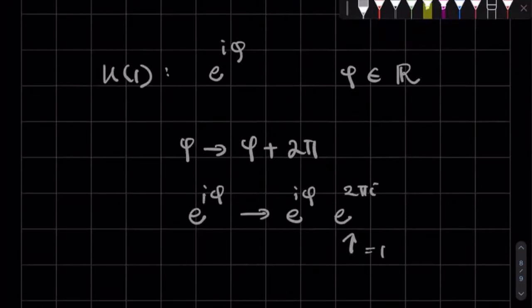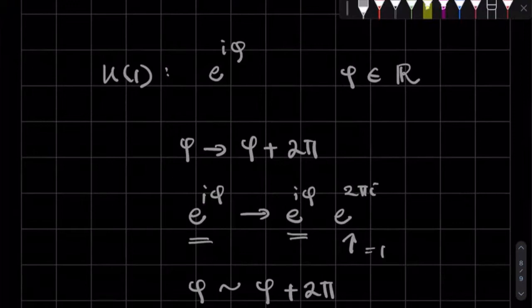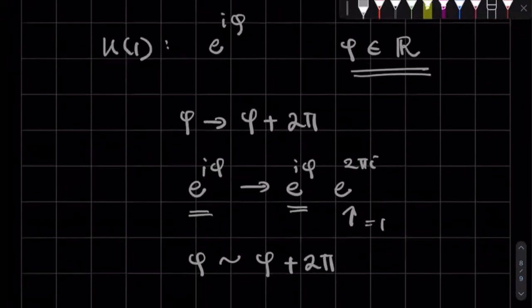So we should identify this with this plus 2 pi. Otherwise our parameter space is actually not this thing, but it's this thing up to this identification. Does that make sense?